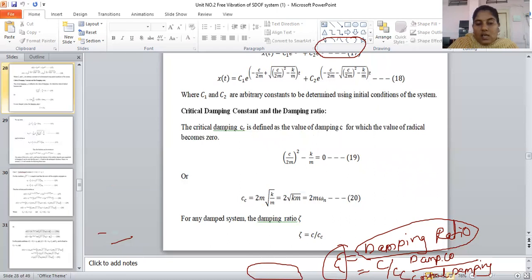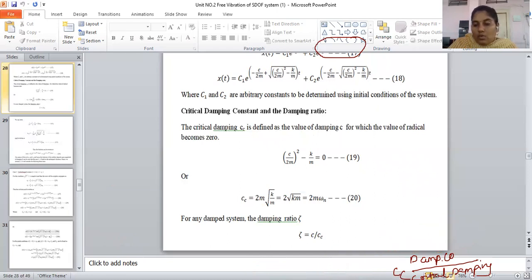That's why zeta is equal to C upon Cc. I hope all of you have understood up to this, so we can move to the next step. Okay, by putting this value, we can convert equation number 18, which is in terms of C, M, K, into terms of the zeta value.